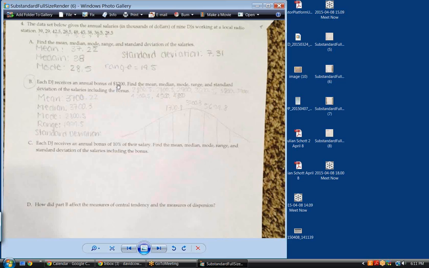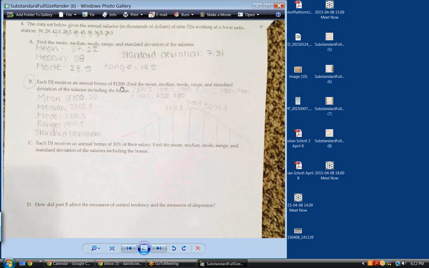Right. The easy way to get the new mean is add 1,200. In other words, if the average salary is 37,000, then the average salary with the bonus is 38,200. That'd be the easy way. It saves you a lot of work, but it looks like you got to put that list into your calculator anyway.